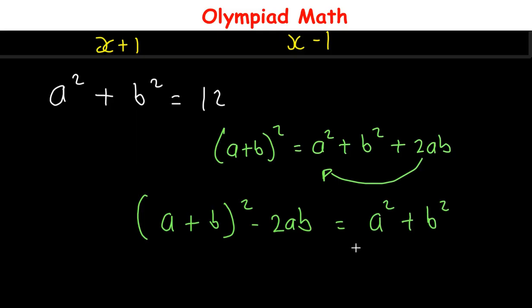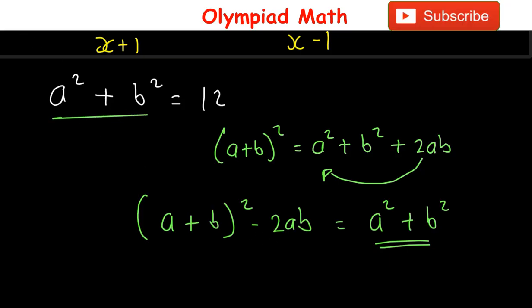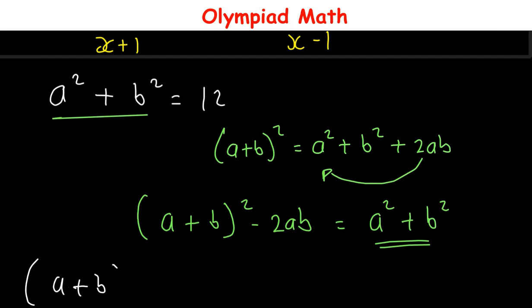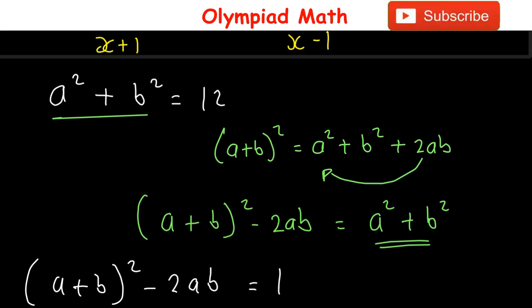So, inputting the value of a² + b² into the given equation, we have (a + b)² - 2ab = 12.